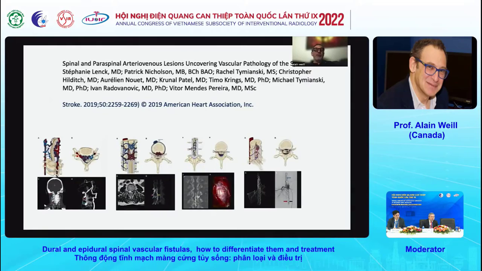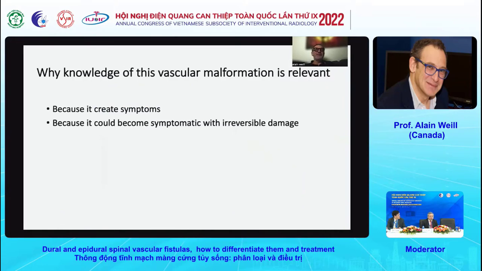Preparing this topic, I found this article, which I did not know, from my colleague from Toronto, which drew some very nice pictures, and you can easily refer to it because it's a very good paper, with very nice drawings which allow you to understand.